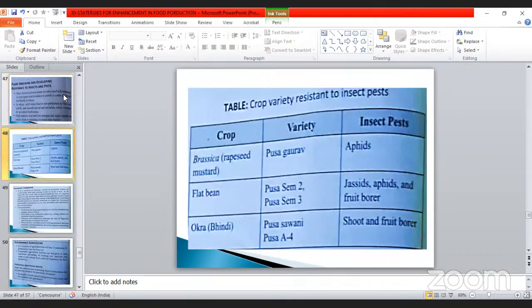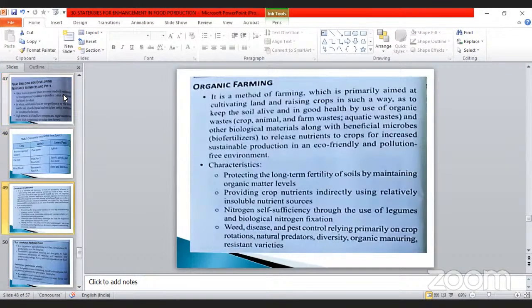Today, we are going to discuss in this session organic farming. Organic farming is also very important for plant breeding and the hybridization process. Organic farming is a method of farming.